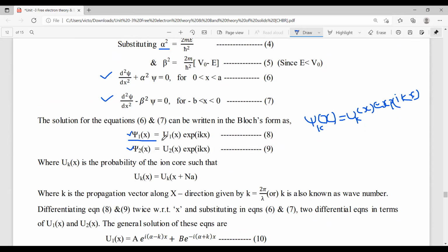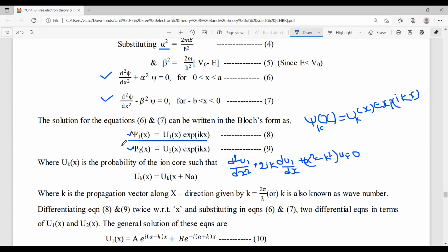So these are the two solutions of equations 6 and 7. Now, by differentiating equation 8 with respect to x twice and substituting in equation 6, we get the expression in terms of u as d square u1 by dx square plus 2ik du1 divided by dx plus alpha square minus k square u1 equal to 0.